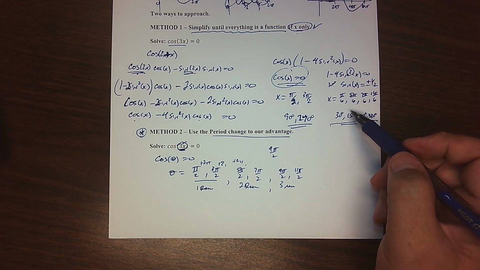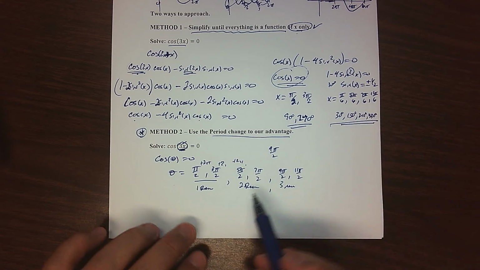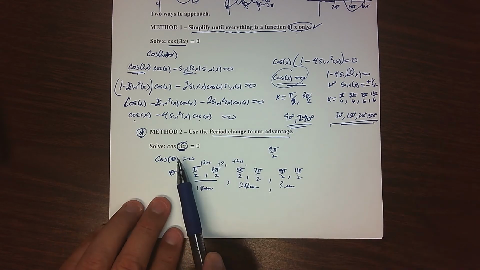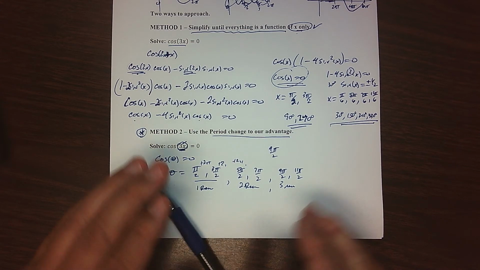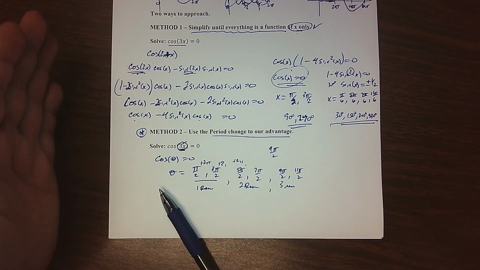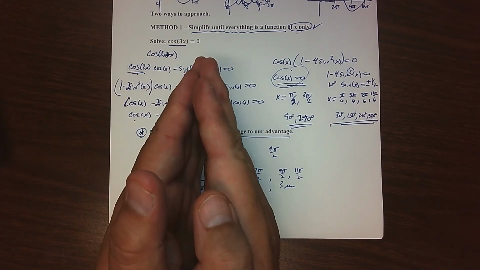All right, and the reason I did that is because we know what's going to happen when we eventually divide the period by 3. I eventually have to divide all x values by 3, which collapses everything. So check this out.